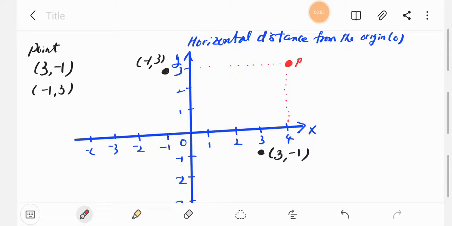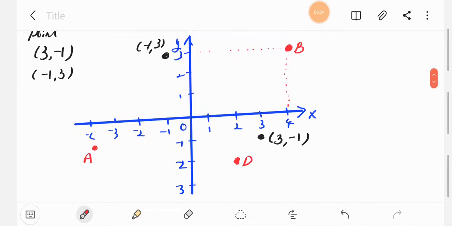So this is point B, this is point D, this is point A, and let's say this is point C. So let's write the coordinates. Get the coordinates of the points. Write the x coordinate and the y coordinate in an ordered pair.